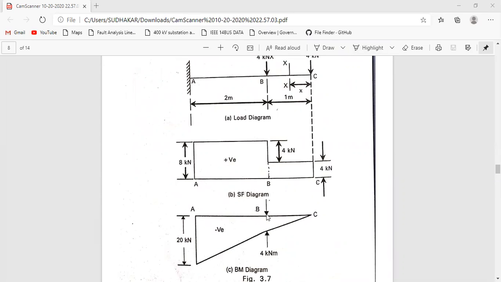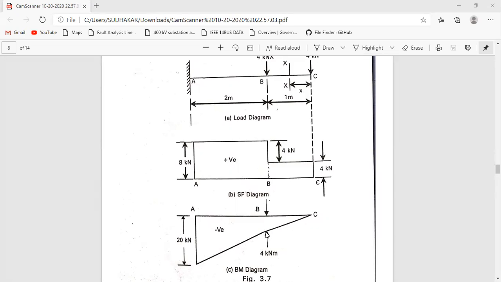8 kilonewtons in the sense of 8 bending moment here. From C to B, some amount of inclined line will be there. After that, one more shear force will be there, so when one more shear force is added, it gets deflected like this.